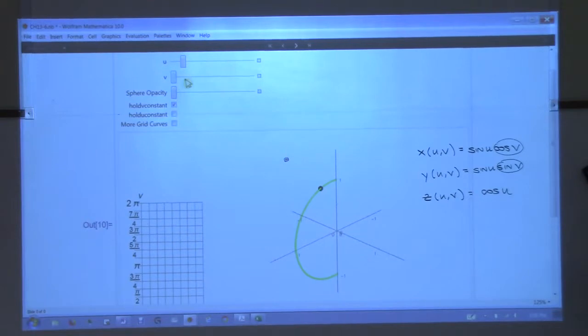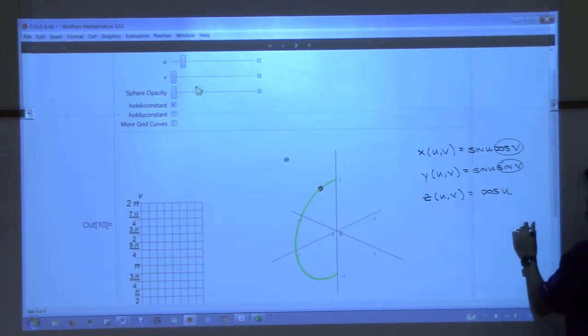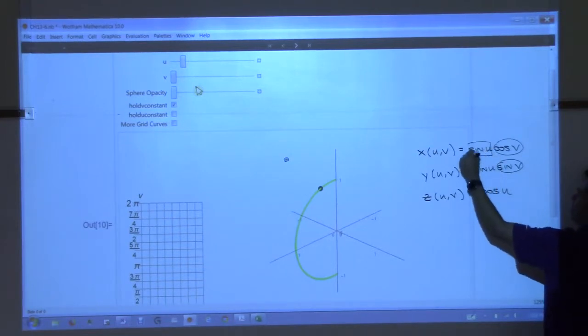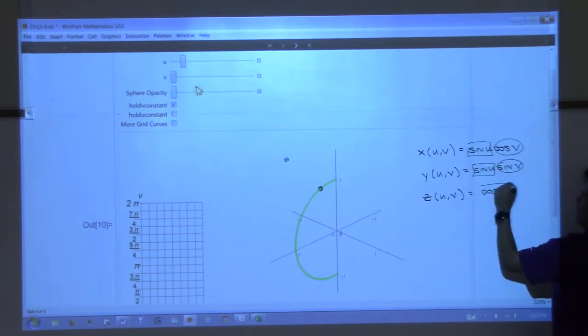Now what would happen if I just change v a little bit? If I change v a little bit here, I'll move it a little bit more, I'll have a different grid curve over here, right? Now I could have done it the other way. Let me bring v back. This time, let's hold u constant. If u is constant, then that stays, and that stays.